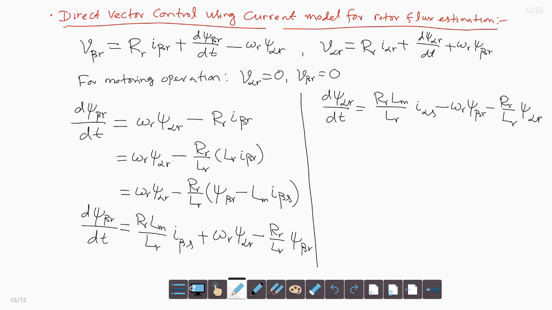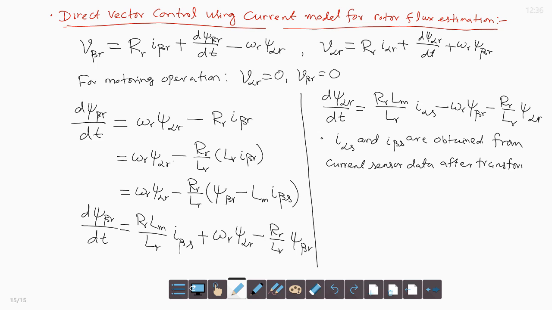So, in this current model based estimation, I alpha s and I beta s are obtained from current sensor data, after the 3-phase to 2-phase transformation.